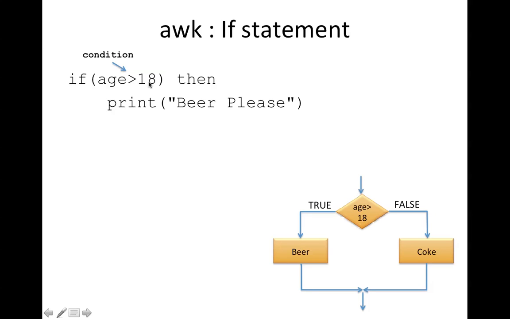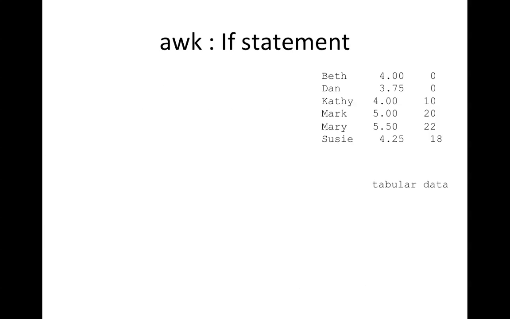And then the answer could be yes or no, true or false. So if this condition is true, then make an action, print beer, please, right? Okay, so that's a general idea about the if statement. And then we can do many things with it.